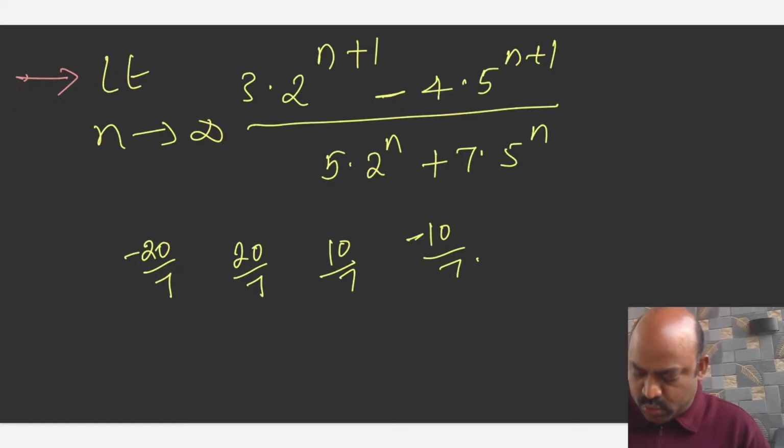Vishnu is saying minus 20 by 7. What about the remaining? Iteja, option A.